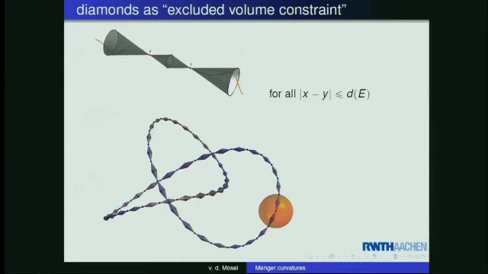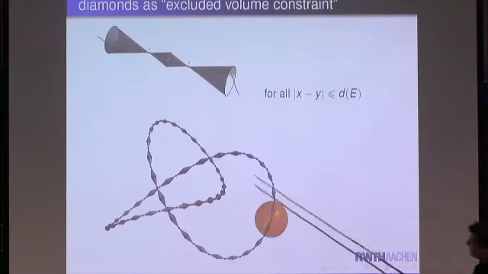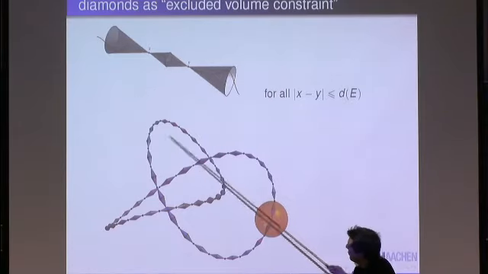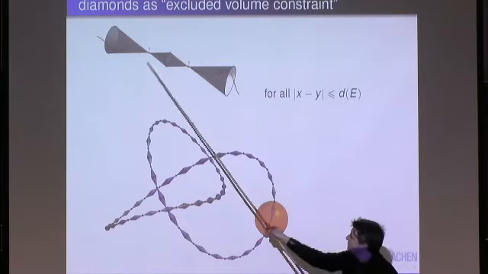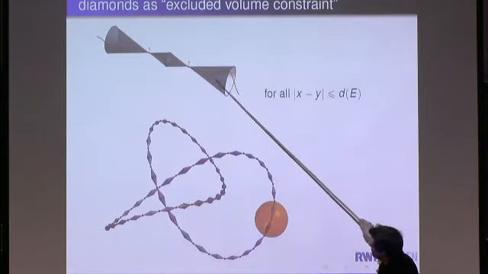Take any 2 points, x and y, that are in a distance less than a scale d that depends only on E. So here the number depends only on E. If you are below that scale, you can say that the curve around x and y, say in such a ball around x and y, is contained in this intersection of cones. So this actually restricts the curve to run in here.